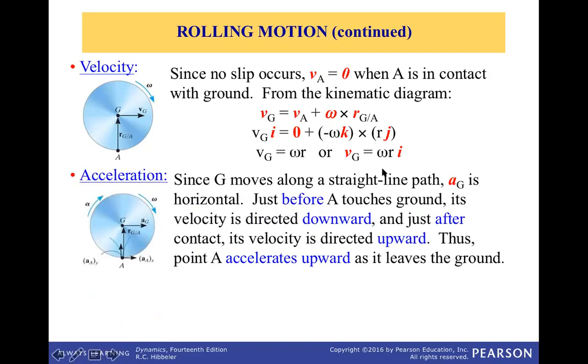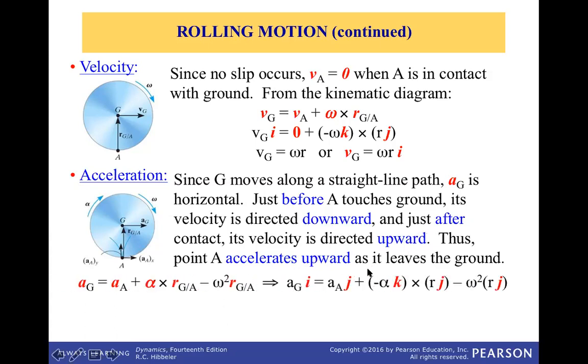Now for the acceleration. As I said, just before it touches the ground, its velocity is directed downward, and just after it touches the ground, it's upward. So the acceleration is upward. If you are looking for the acceleration at point G with respect to point A here, then you set up the relative acceleration equation, like this one.